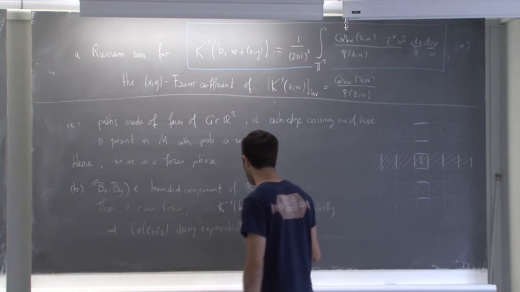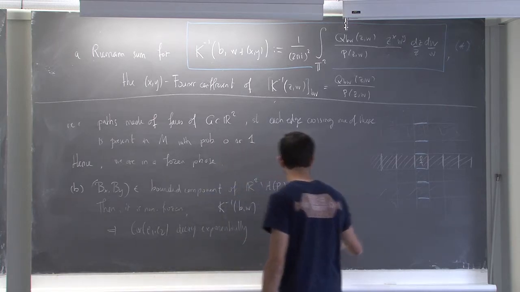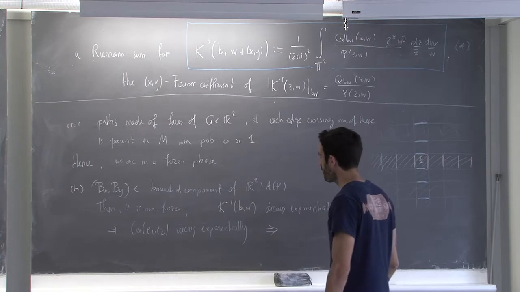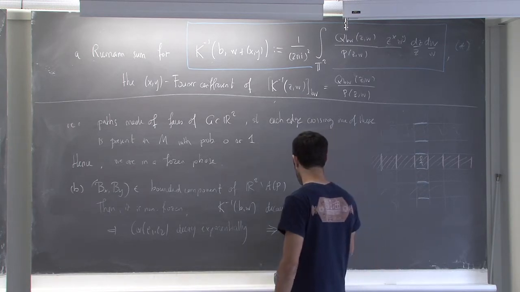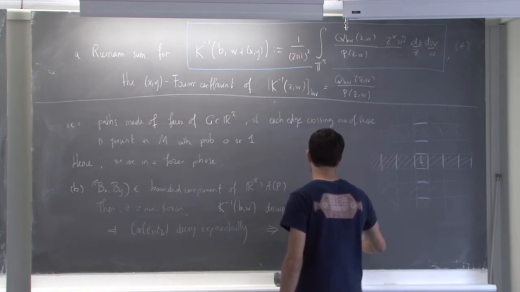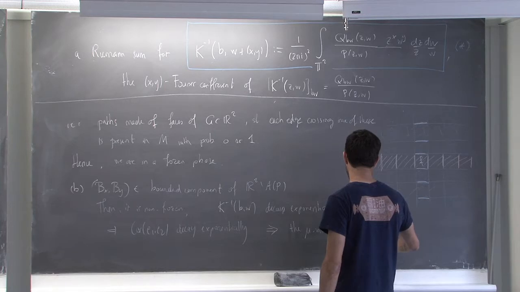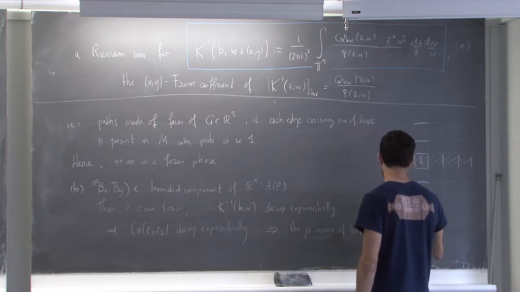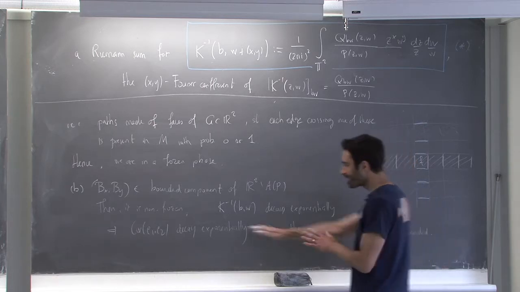And then they use this to show that the mu variance of HF minus HF prime is bounded. And so this is not very difficult.